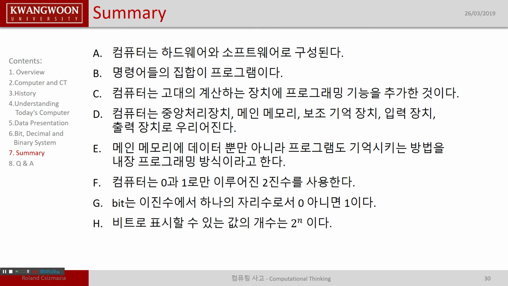Good. So you know that there is computer hardware and software, and you know that a set of instructions means a program, and you also know what the Analytical Engine is.